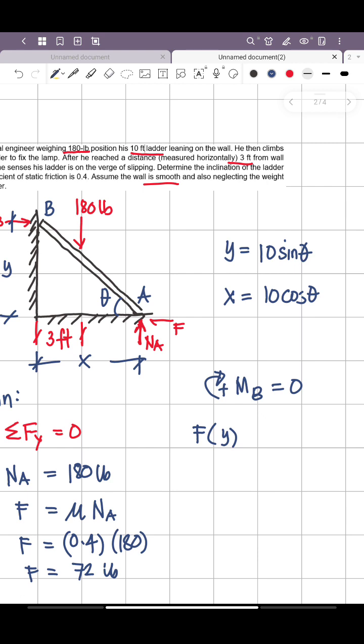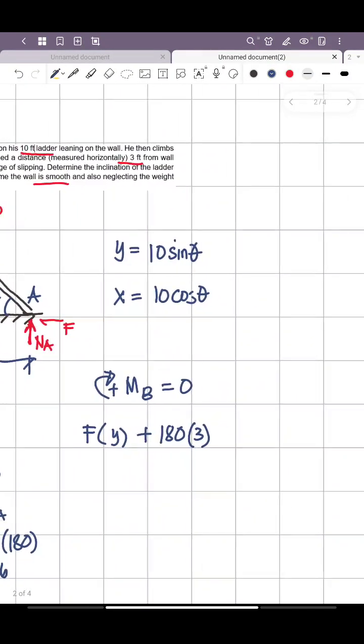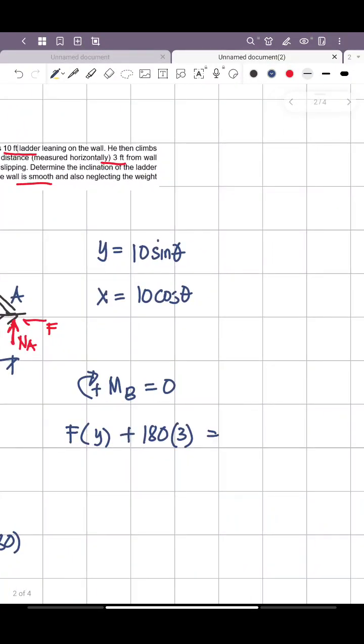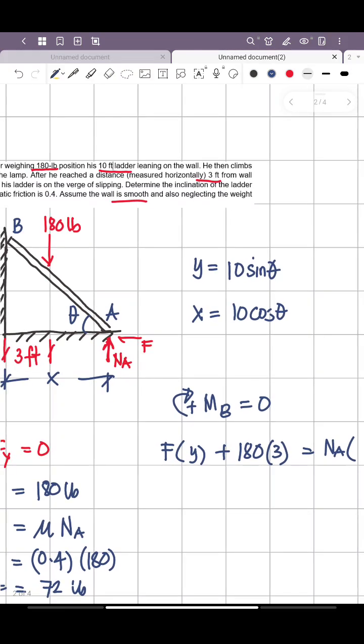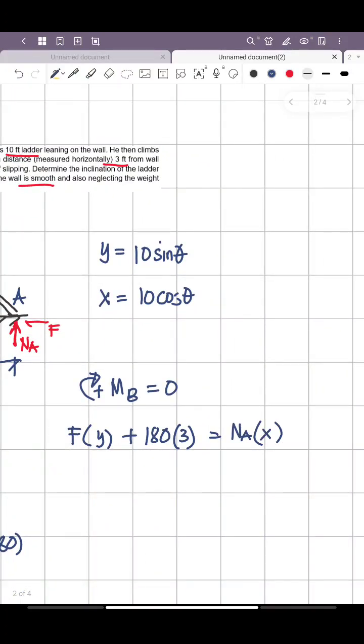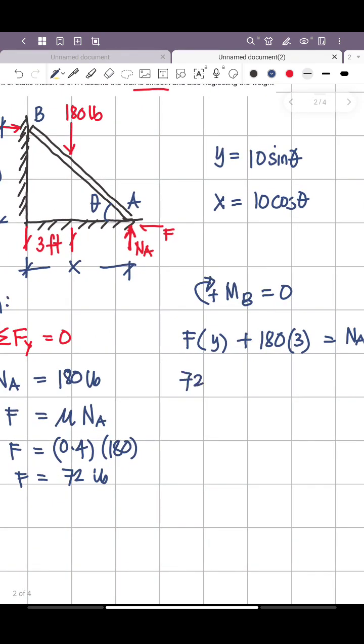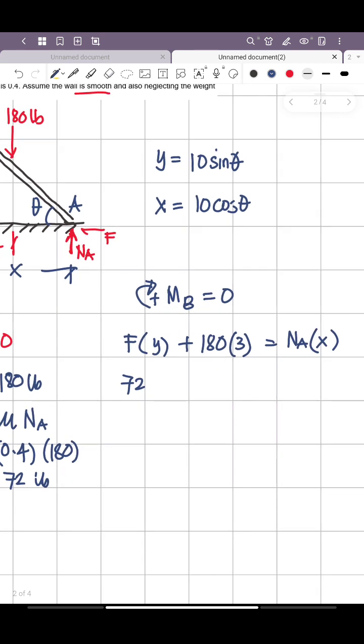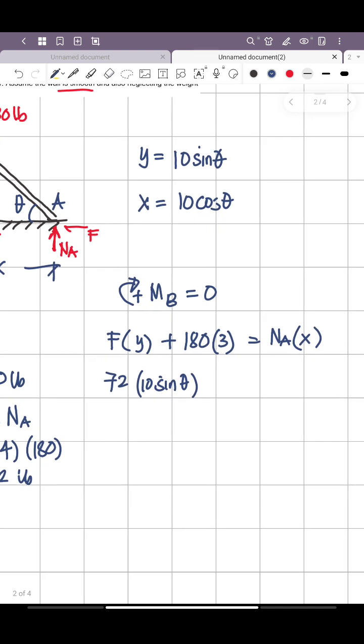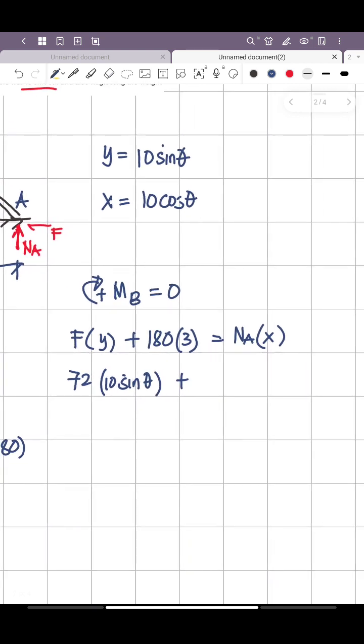Yung 180 pounds natin, that is plus 180 times 3. Then, yung NA natin is counterclockwise, equals NA times the distance X. So, alam natin yung F, that is 72 times Y. Our Y is 10 sine theta, plus 180 times 3, that is 540.